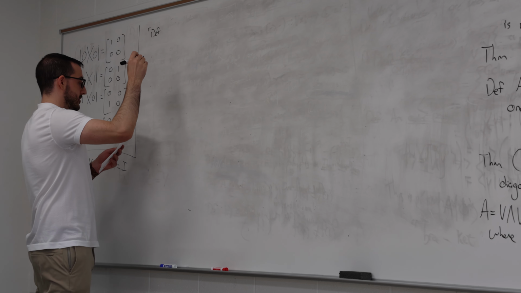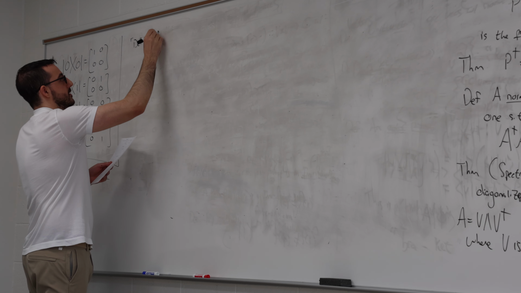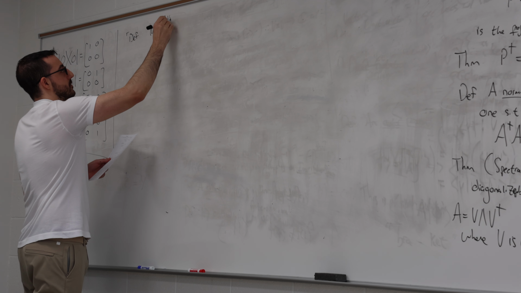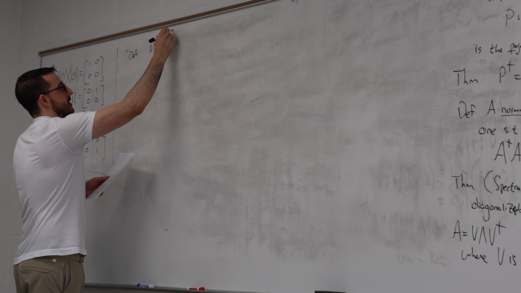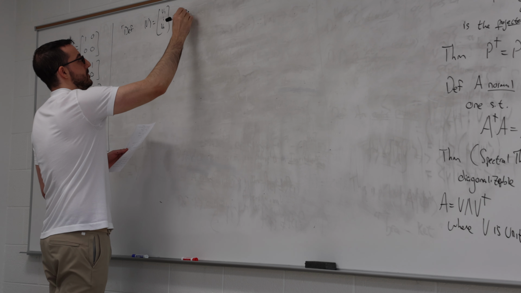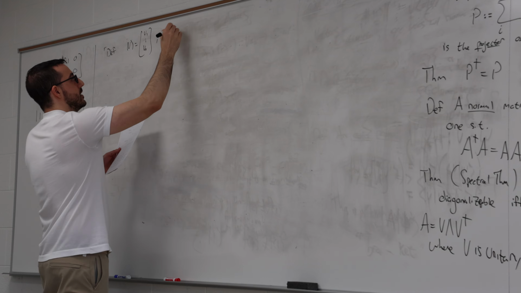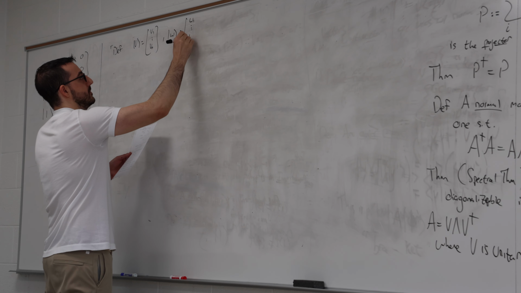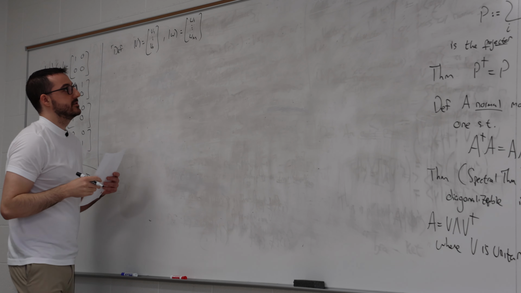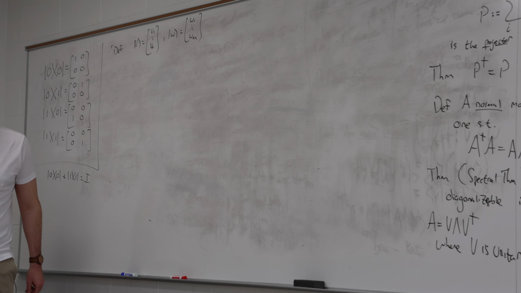up the intuition. So given v being equal to v1 through vn, and w being equal to w1 through wm, the dimensions do not have to match to take the tensor product. I can have any two dimensions.